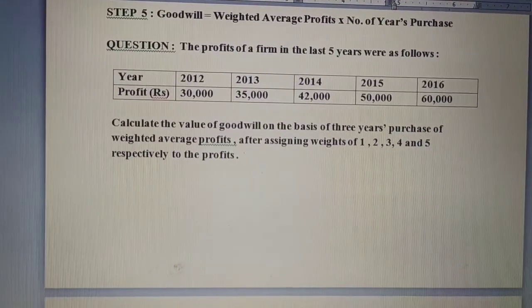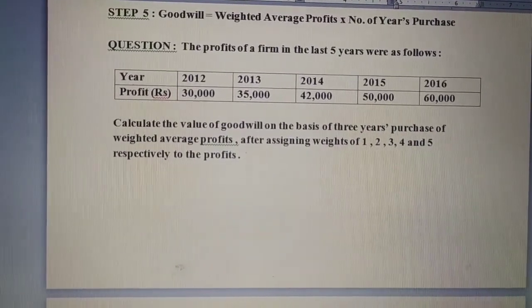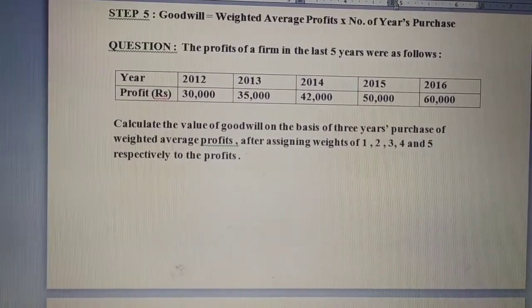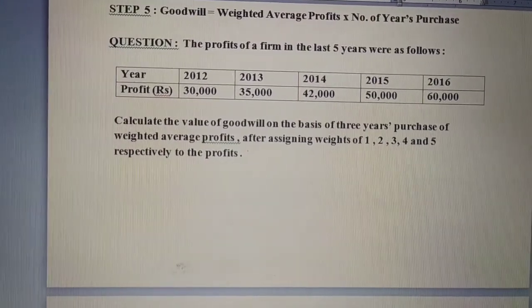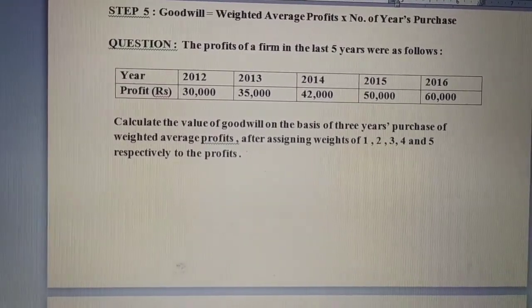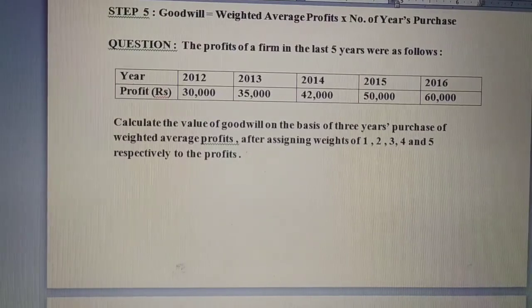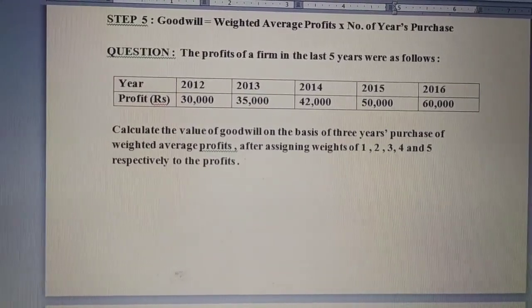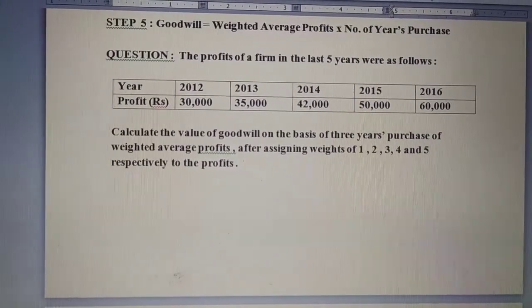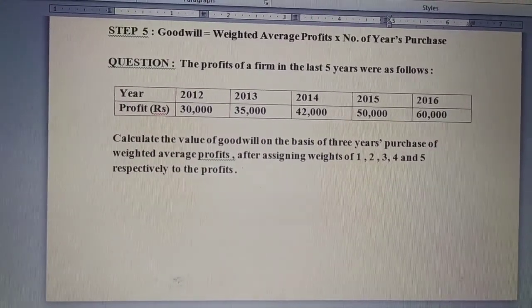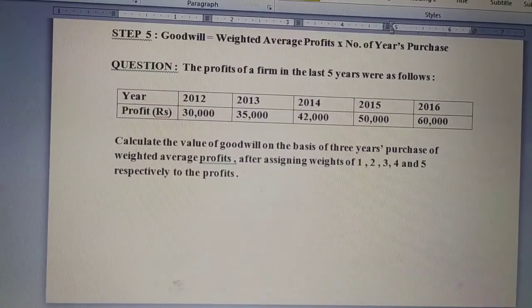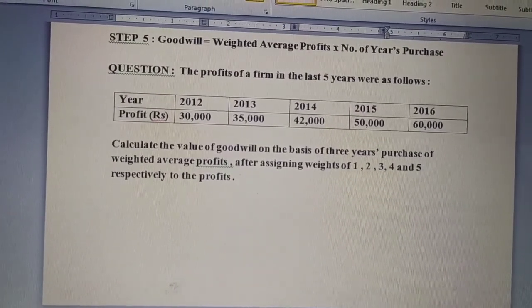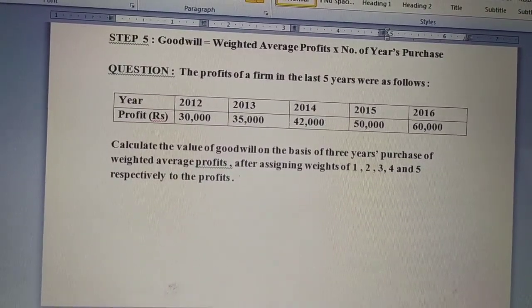Profit 30,000, 35,000, 42,000, 50,000 and 60,000. Calculate the value of goodwill on the basis of 3 years purchase of weighted average profit after assigning the weights of 1, 2, 3, 4 and 5 respectively to the profits. Here we have 5 years, so 5 weights we need to assign.